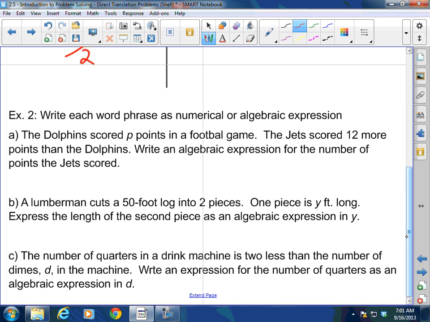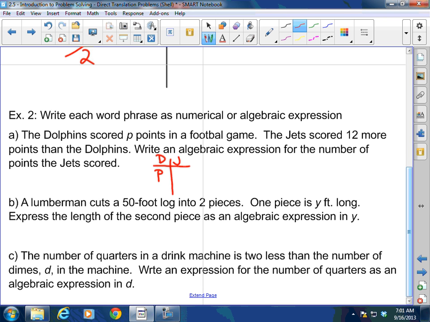But whenever we're talking about a comparison, I cannot tell you how important it is and how much simpler your life will be if you simply make a table. So we're talking about the Dolphins and the Jets. The Dolphins scored P points. The Jets scored 12 more than the Dolphins.